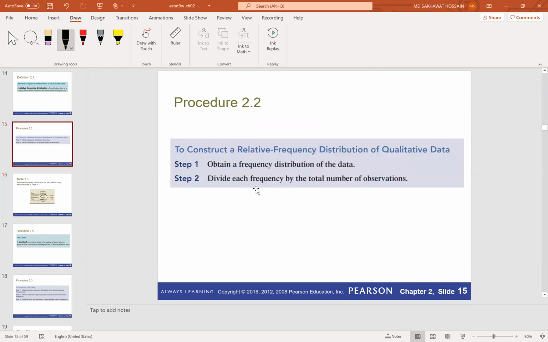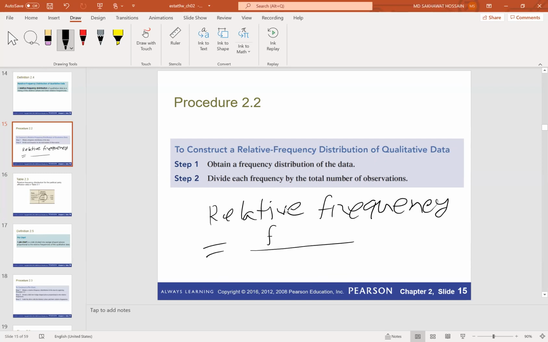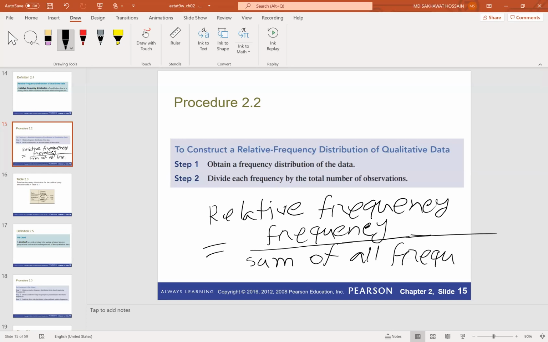So this one, or the definition of the relative frequency? The definition of the relative frequency. Oh, I can just write it down for you. So the relative frequency is equal to frequency divided by the sum of all frequencies.